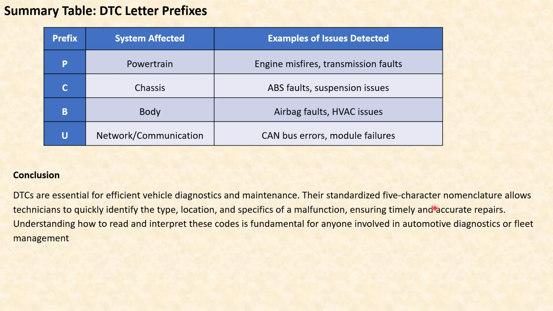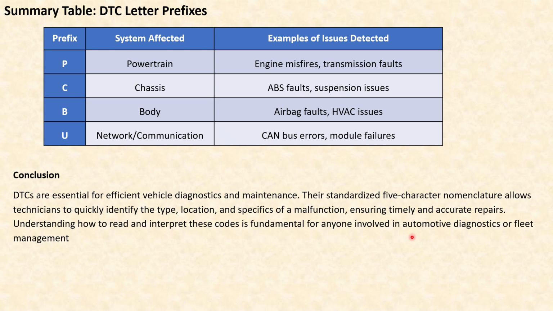Their standardized 5-character nomenclature allows technicians to quite quickly identify the type, location, and specifics of a malfunction, ensuring timely and accurate repairs. If you remember, in the previous session I said it overall enhances the user experience. And how does it do it?